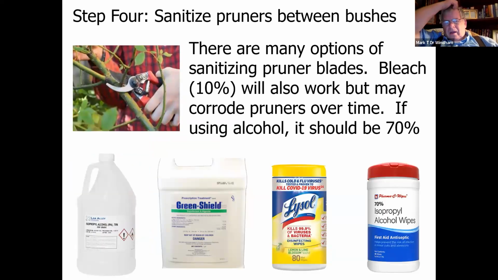Now, the next step, step 4, is to sanitize pruners between bushes. And there's many different things that we can use. Bleach is the cheapest. 10% Clorox is the cheapest. But if you use Clorox, you've got to do one other step.